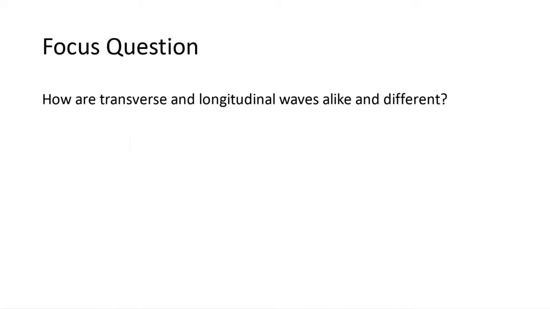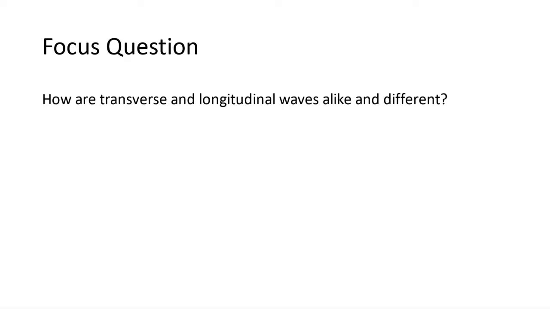So you've learned what a wave is. It's a disturbance caused by a vibration. You've learned what the properties of a wave are. A wave has amplitude, frequency, wavelength, and wave speed. And you've learned how to measure a wave.